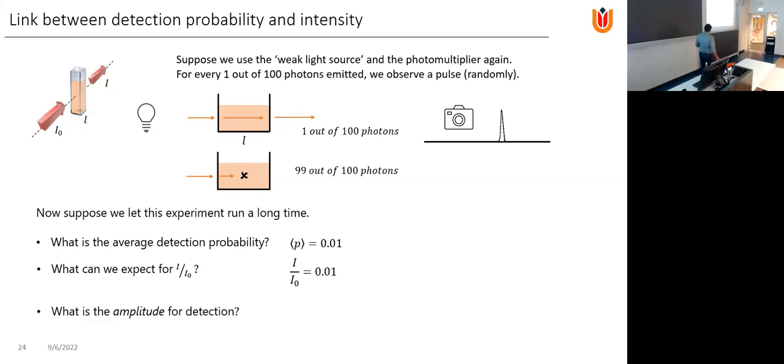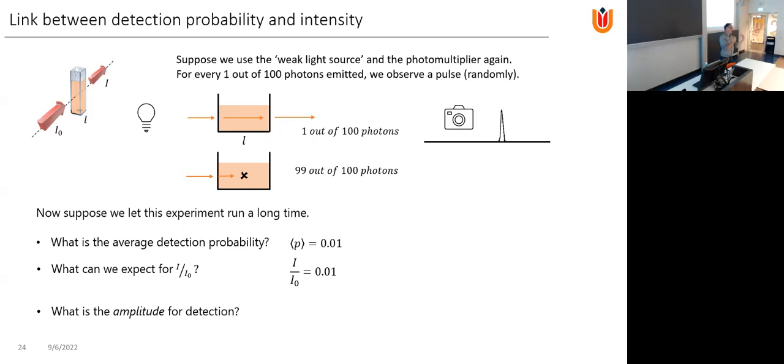So one side step: if the average detection probability is 1%, what's then the amplitude? We had the amplitude for an event, and we had the probability for an event.